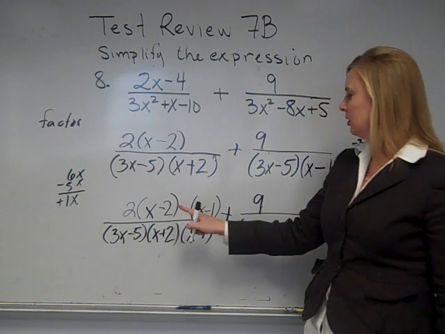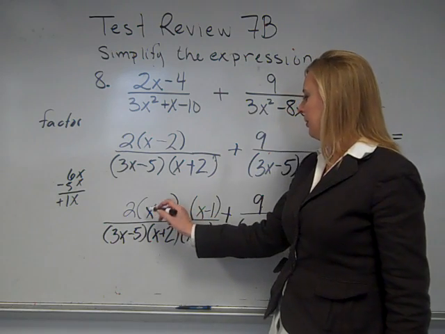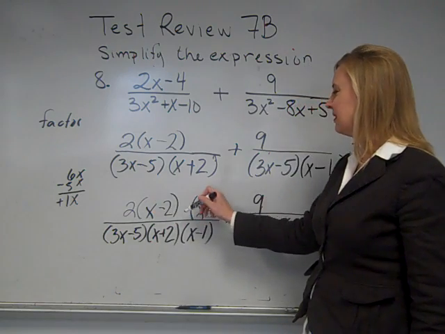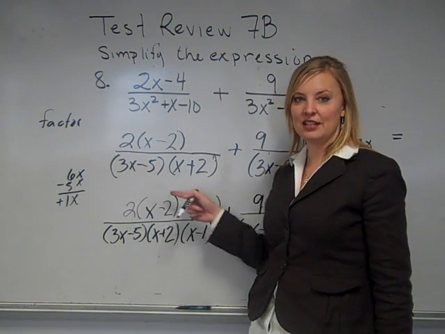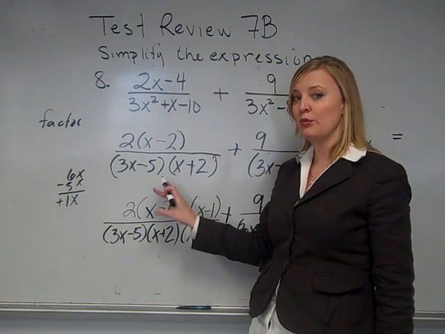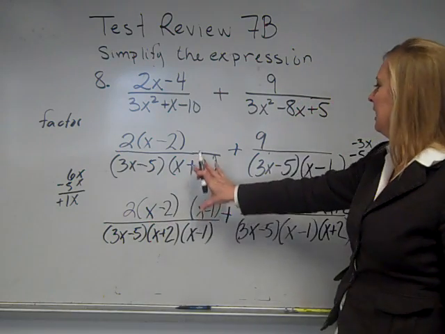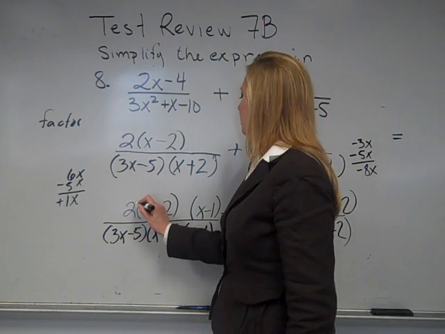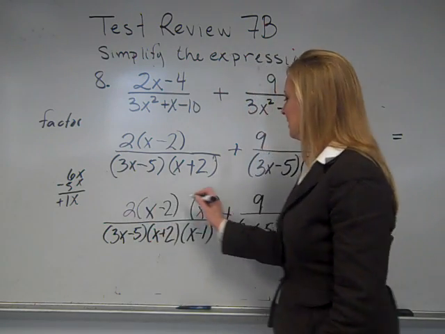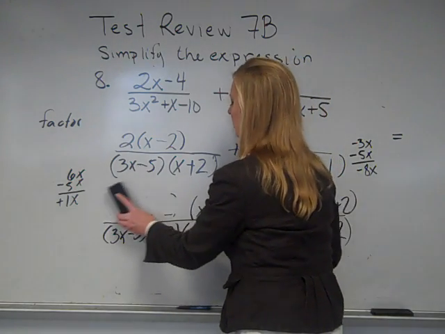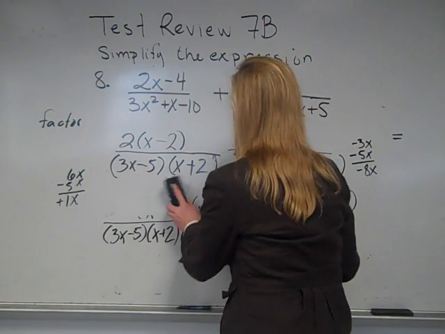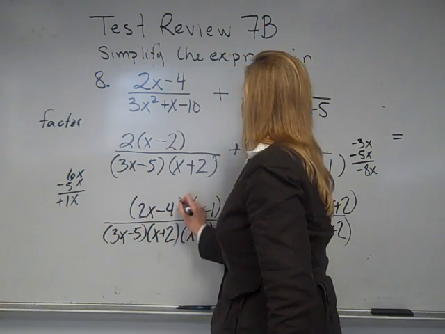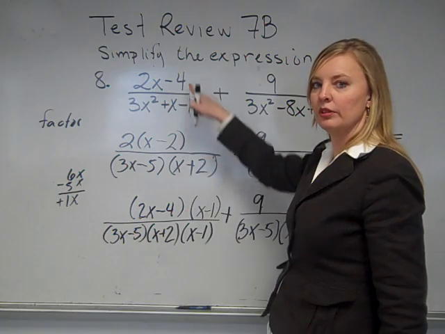Now it turns out we're going to multiply our 2 times x and our 2 times negative 4, so this didn't actually save us any work in this case. It might have, so we wanted to see how it would work out first, and it didn't actually reduce anything down. So let's multiply this back out. So we'd have 2x minus 4. Notice that's exactly what I started off with.